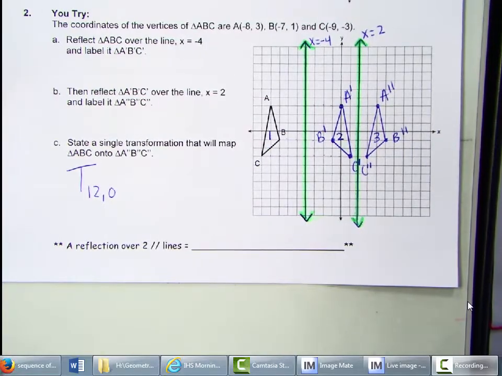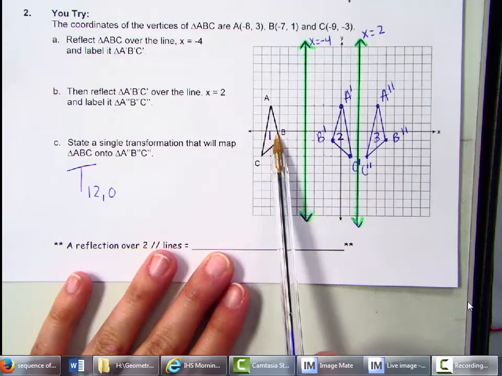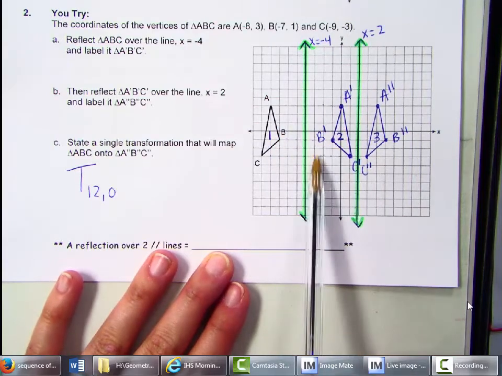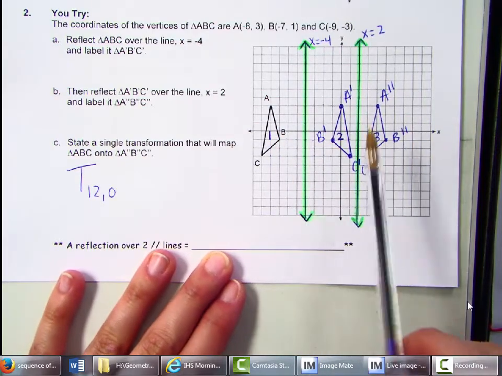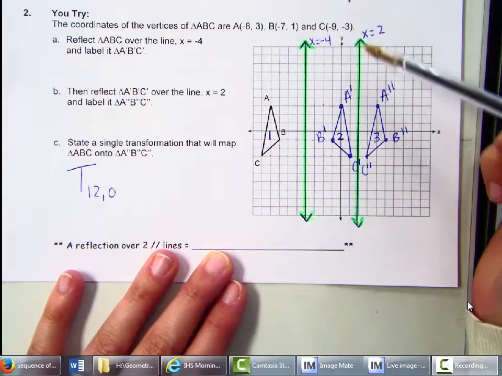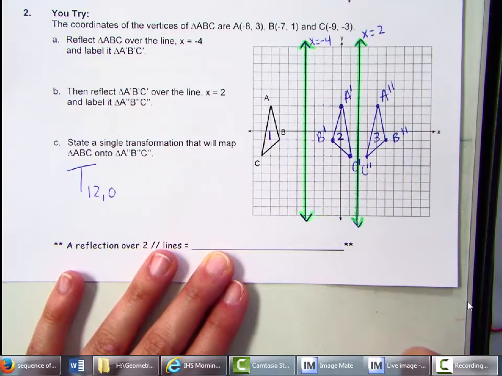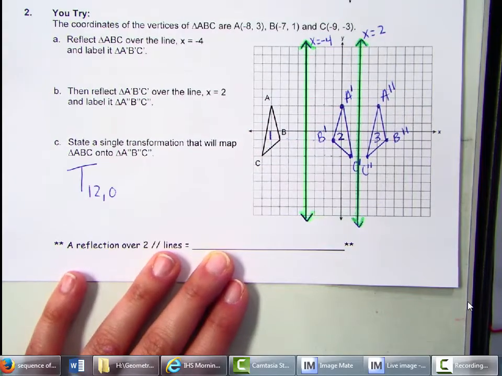Alright, so you should have paused and tried number 2, a sequence of rigid motions. The first rigid motion was a reflection over x equals -4. The second rigid motion was a reflection over x equals 2. This is what your graph should look like after the sequence of rigid motions, so check your work.